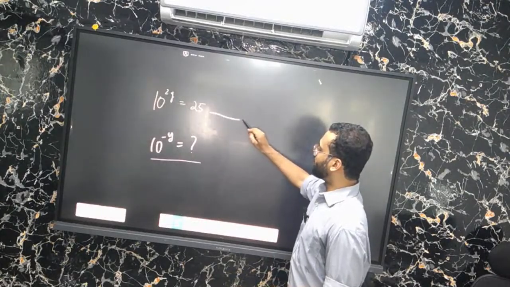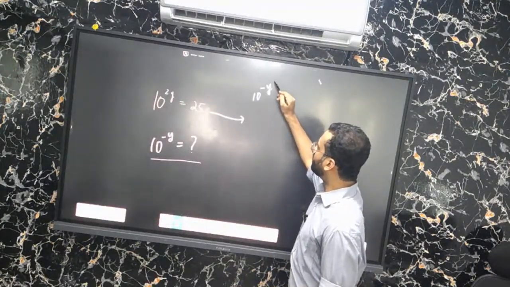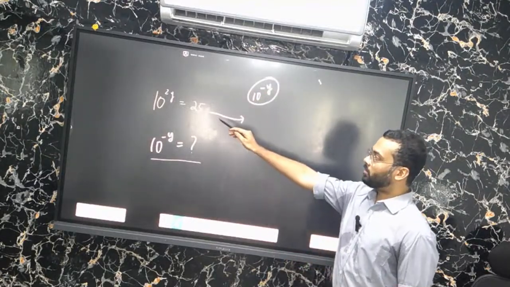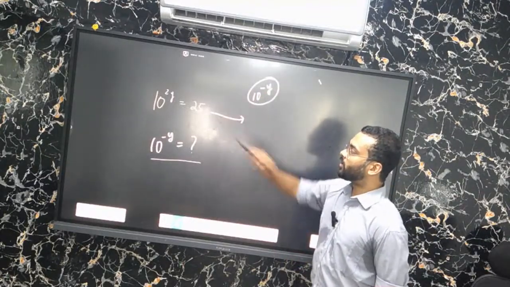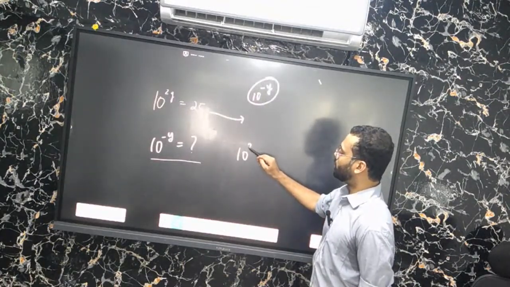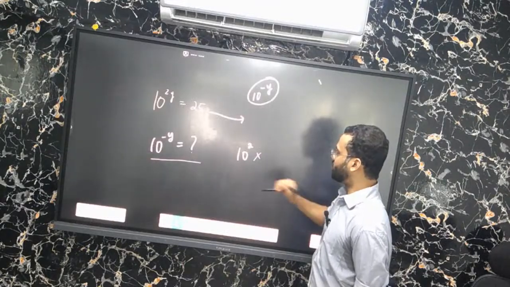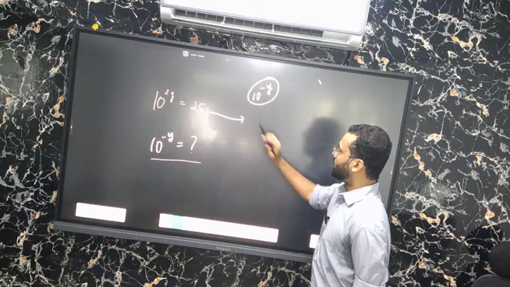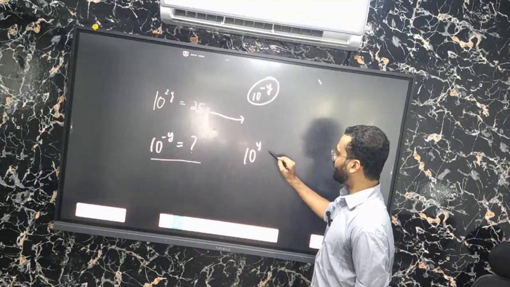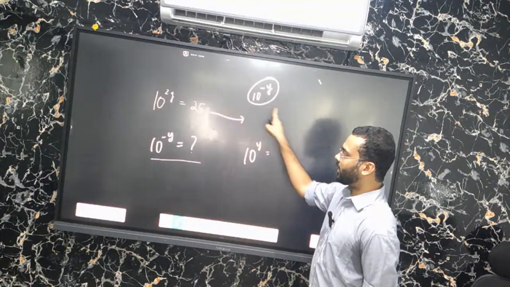This one over here, I want to find 10 to the power of minus y directly. I can write 10 power 2y as 10 power y, whole squared, and take the 2 to the other side.